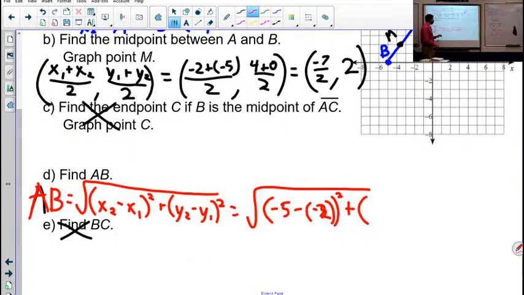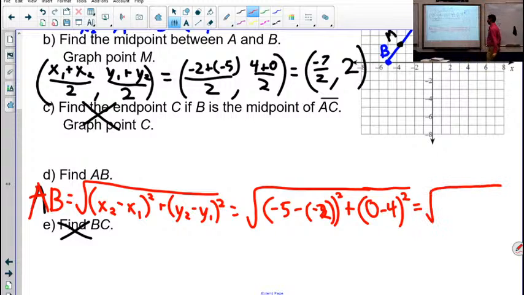So we're going to take 0 and 4, subtract them, squared. Equals -5 minus a -2. -5 minus a -2 is going to be -5 plus 2, which is -3 squared, plus 0 minus 4 is a -4 squared.